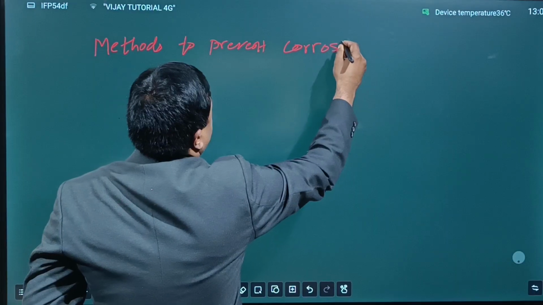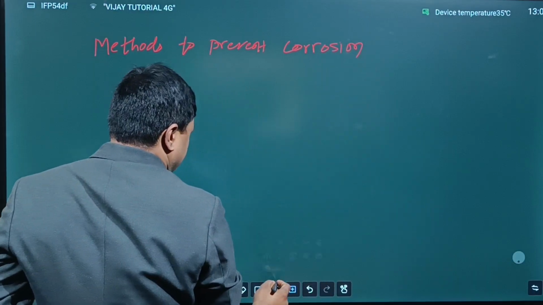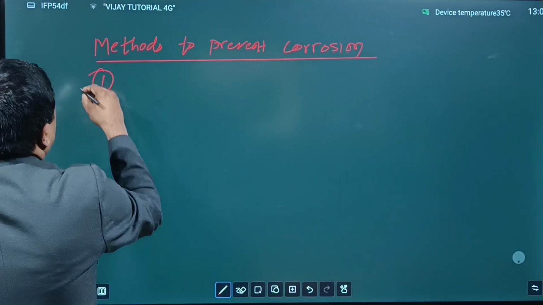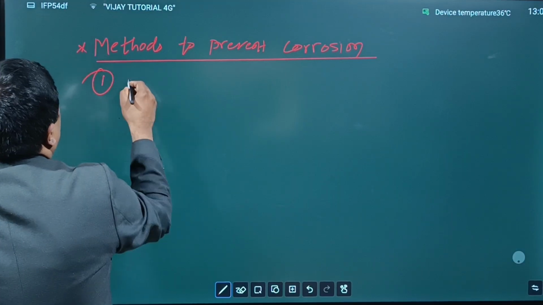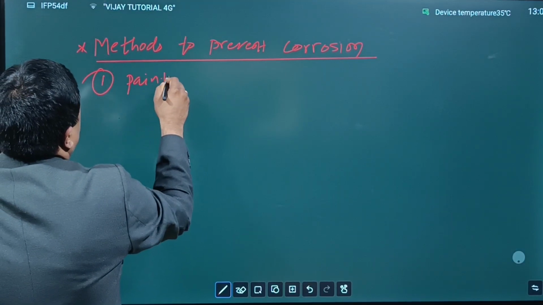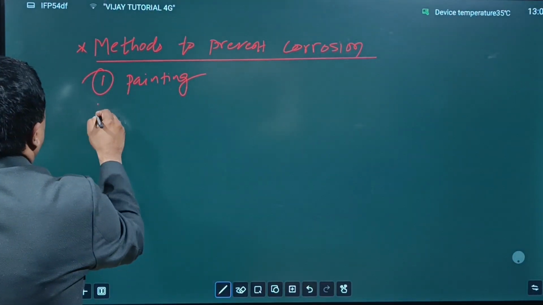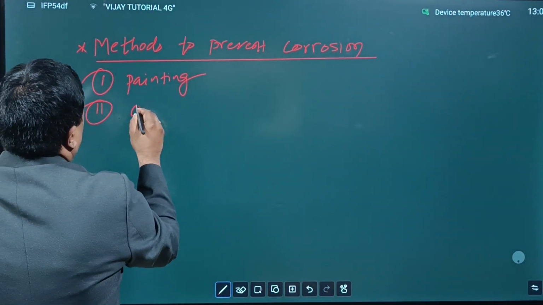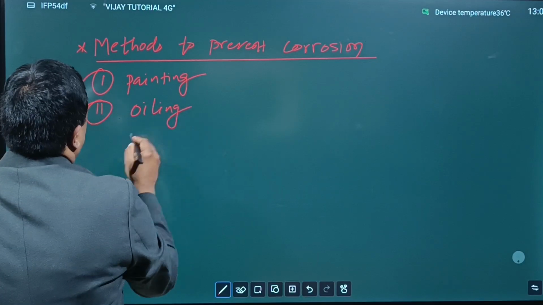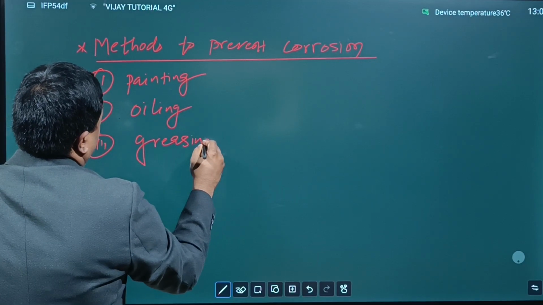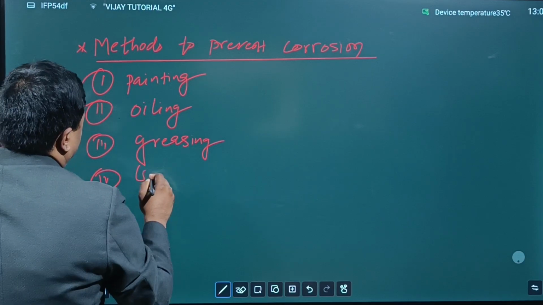Again, this concept is there in the chapter on metals and non-metals also. Here we can prevent corrosion by painting. You can see that iron articles are painted to prevent corrosion. Oiling is also one of the methods, greasing, and galvanization.